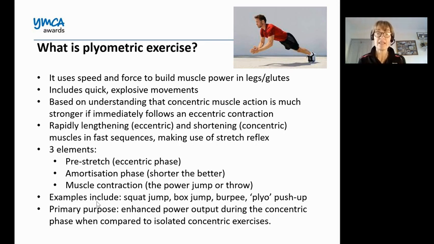Examples of these include squat jumps, box jumps, your burpees, anything that's got real speed, force, and power in it. So the overall purpose is to enhance our power output in the concentric phase when you're using ballistic exercises, and to increase the overall force that you can generate.